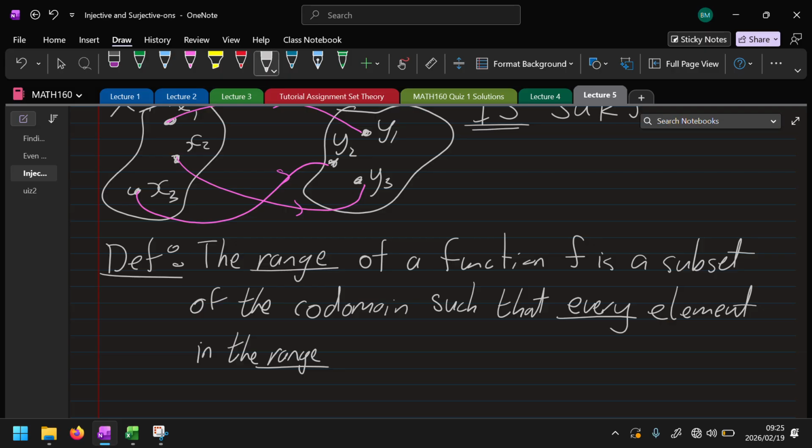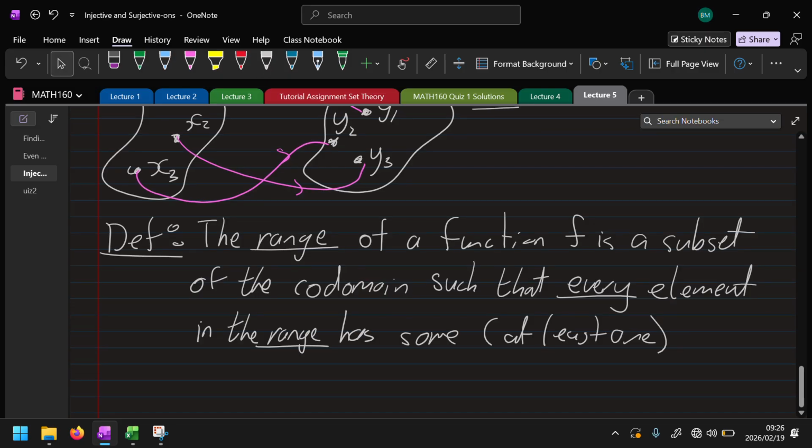Okay, again, so every element in the subset has some, or at least one, element in the domain that maps to it.